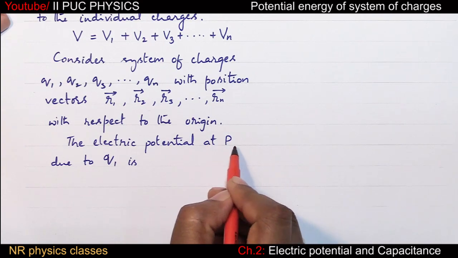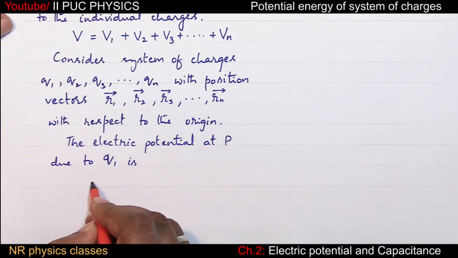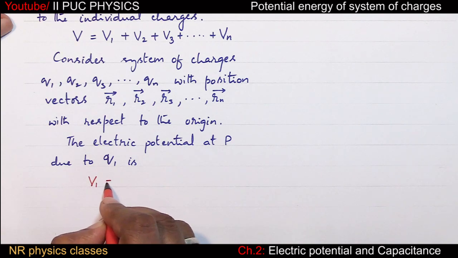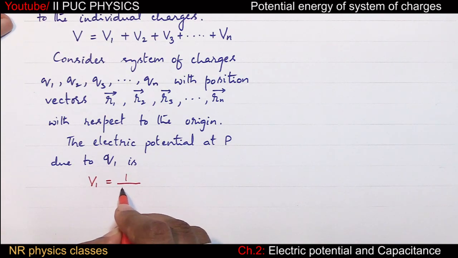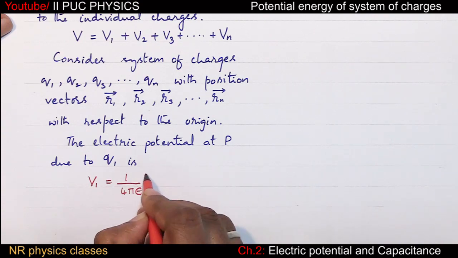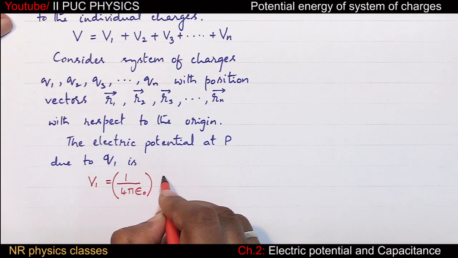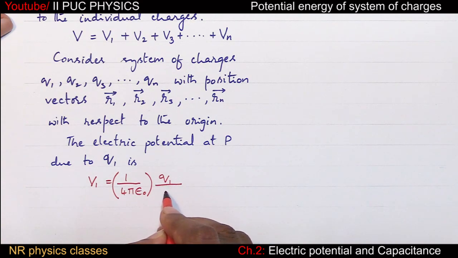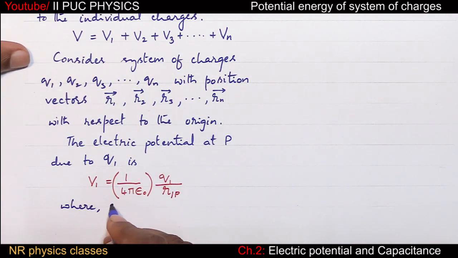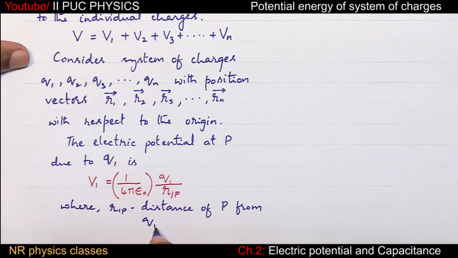The electric potential at P due to Q1 is V1 equal to 1 by 4 pi epsilon naught times charge Q1 by the position vector of P with respect to charge Q1, where R1P is the distance of P from Q1.